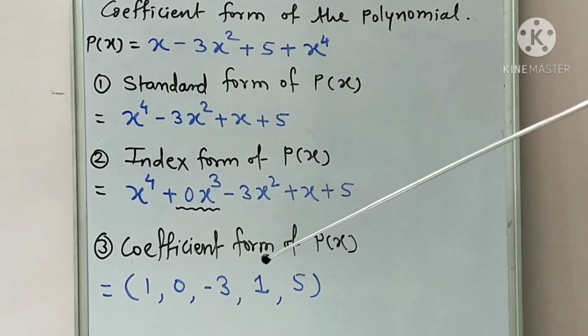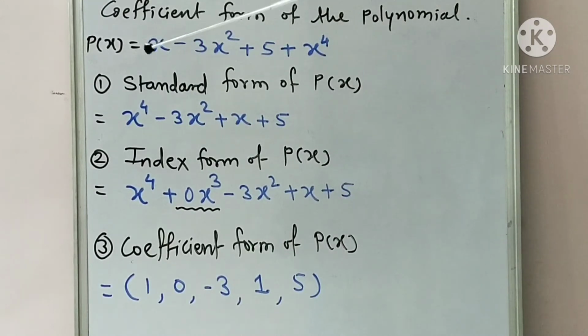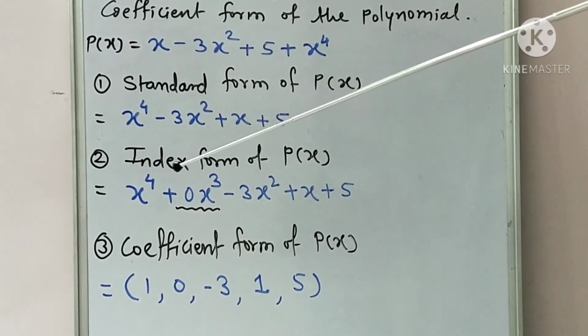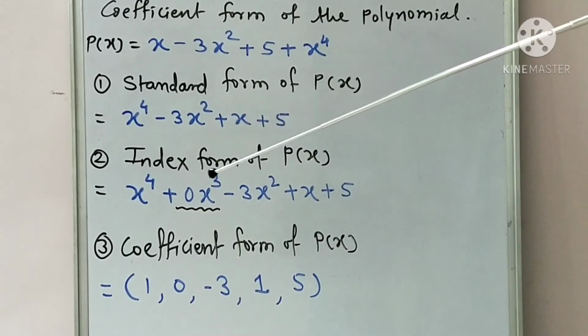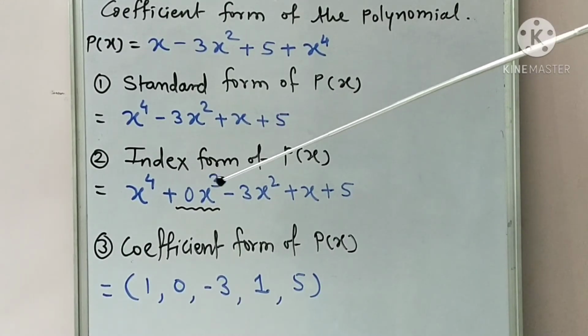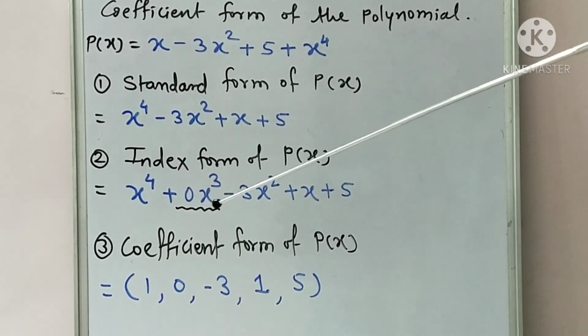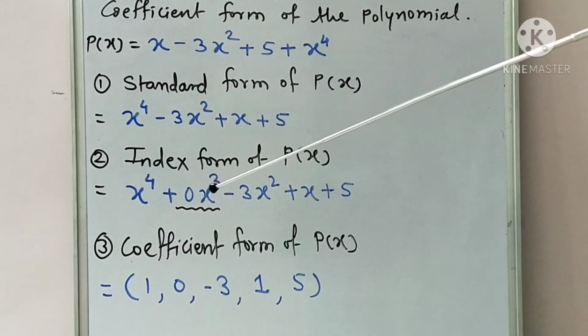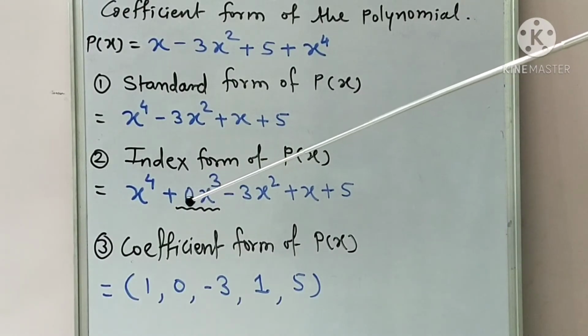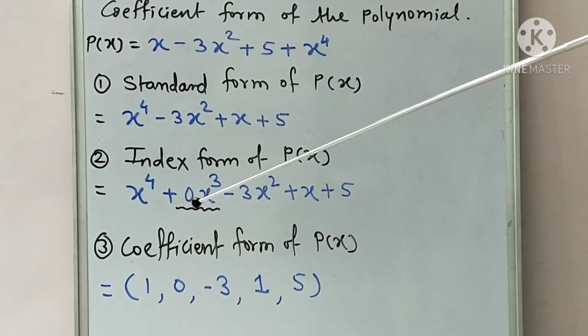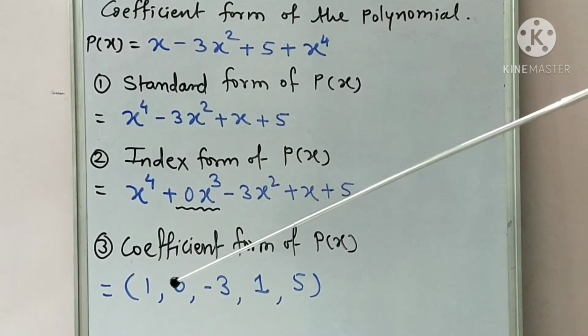But the compulsory part is, as in this example, to write the coefficient form you must first write the given polynomial in its index form, meaning descending order of powers, and write the coefficient of the missing term as 0, and then you can write the coefficient form.